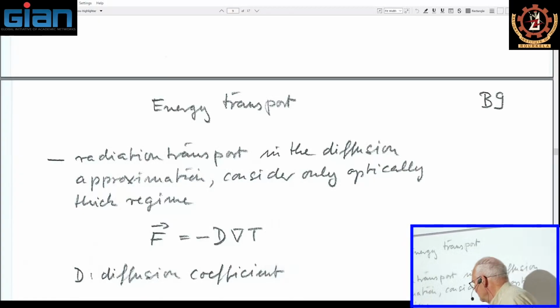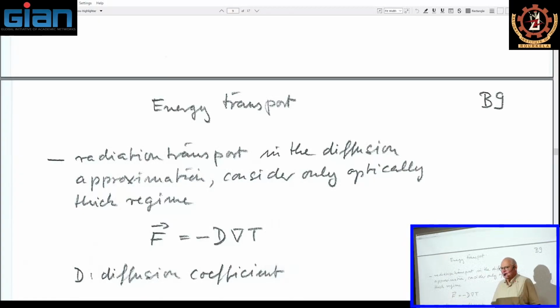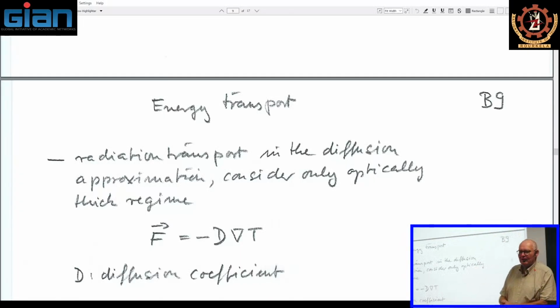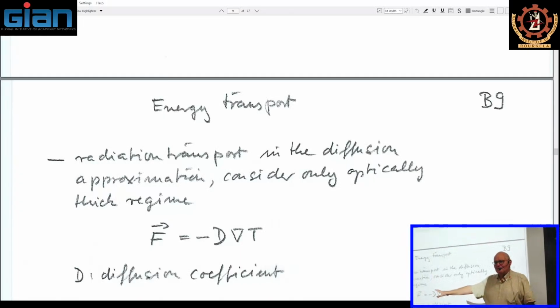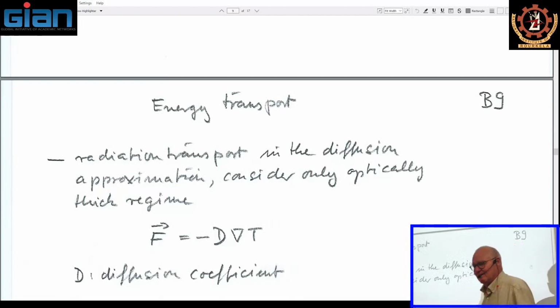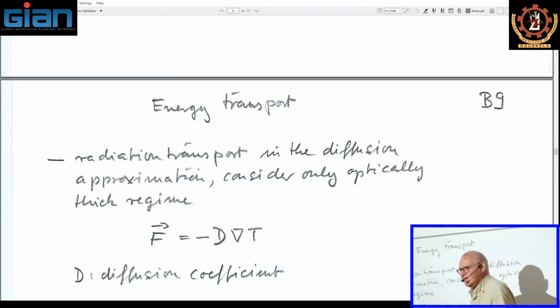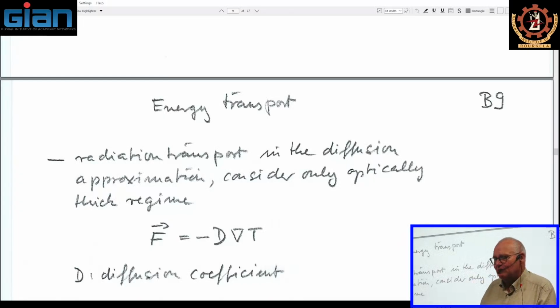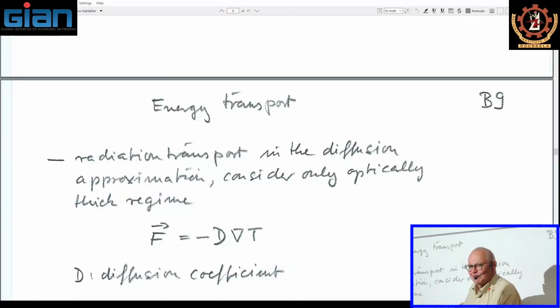So heat flux is proportional to minus the gradient of the temperature, and anything else which we don't know, we condense into the diffusion coefficient. That's the problem here, the diffusion coefficient.